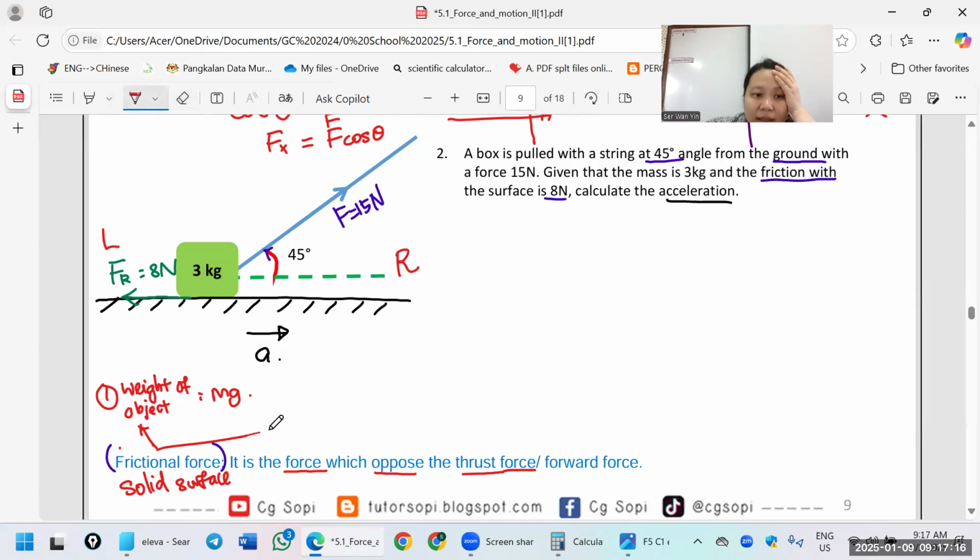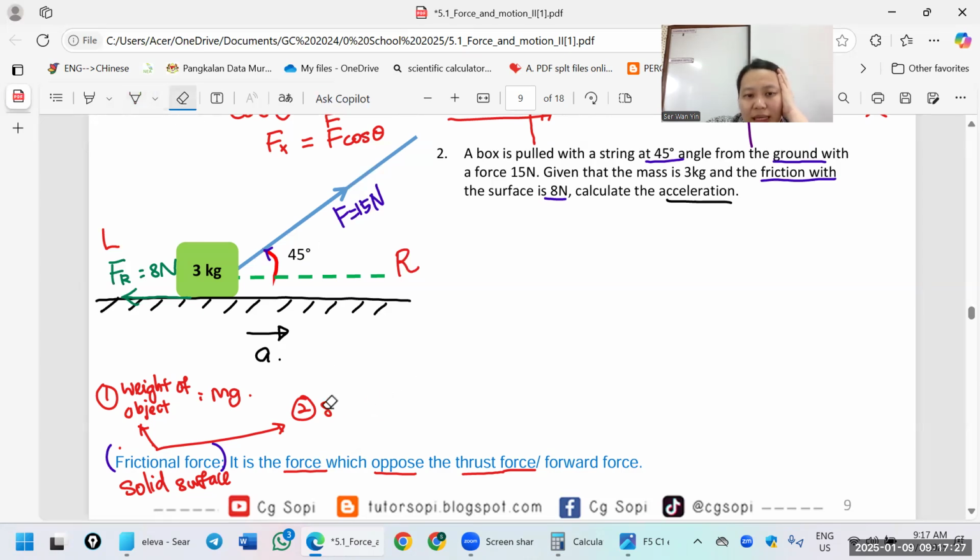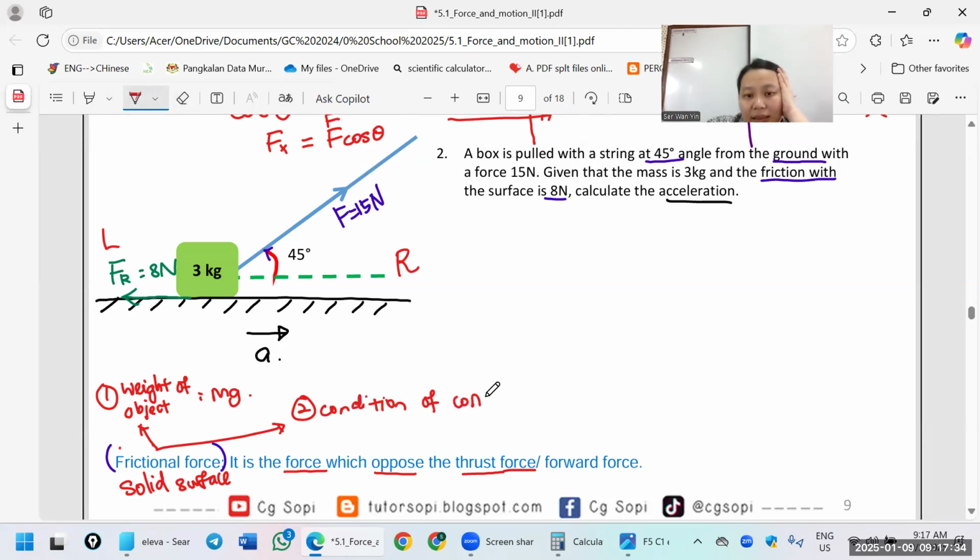Another one is the smoothness, how smooth it is, the condition of the contact surface. For example, is it smooth or is it rough?